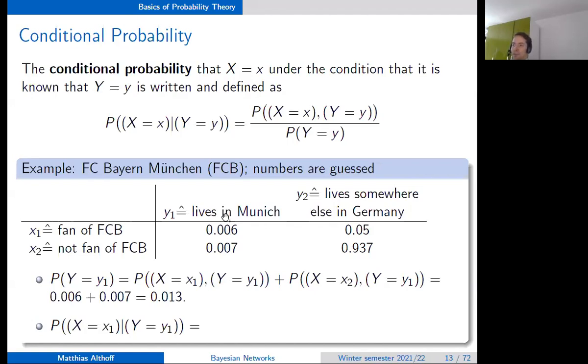Here we use marginalization, summing up over all the possibilities, that you're a fan or not a fan. And then we can use this formula where we look at the joint probability. The joint probability of living in Munich and being a fan of FC Bayern München is 0.006, and we divide that by 0.013, and then we get a probability of roughly 46%.